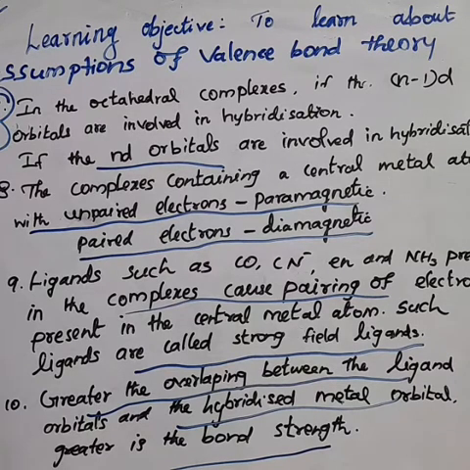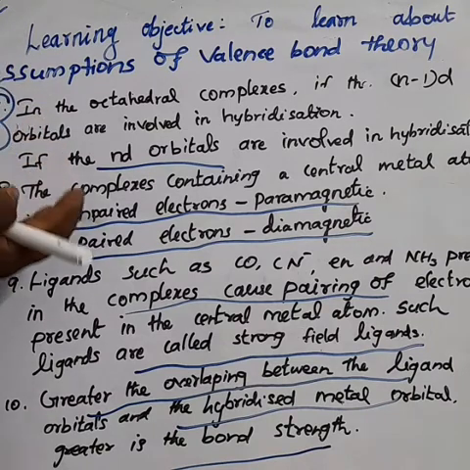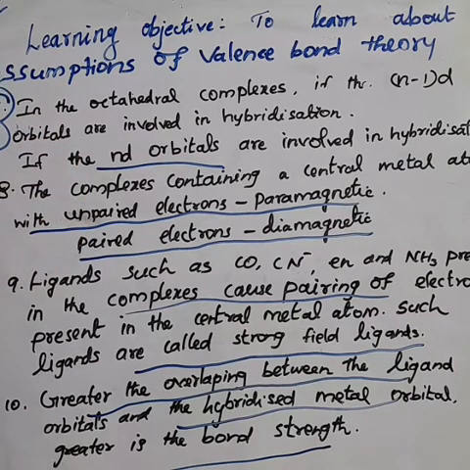Next, the 9th point. The ligands such as carbonyl, CO, cyanido, CN minus, ethylenediamine, en, and ammine, NH3, present in the complex cause pairing of electrons present in the central metal atom. Such ligands are called strong field ligands.